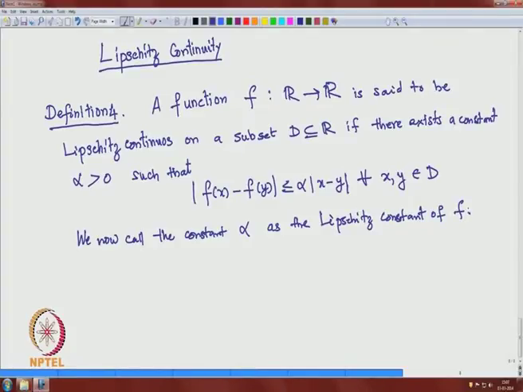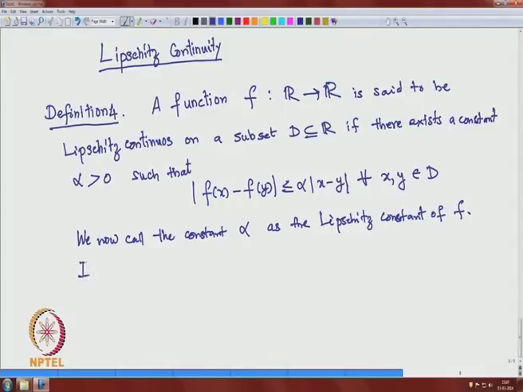In fact, if alpha is a number satisfying this inequality, then any number larger than that will also satisfy this inequality. We take alpha the least upper bound of all such alphas, and that alpha we call a Lipschitz constant. The smallest number satisfying this inequality is known as the Lipschitz constant of f.